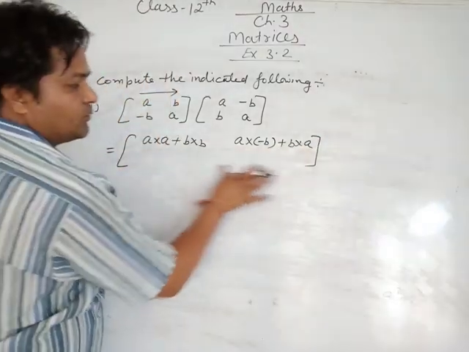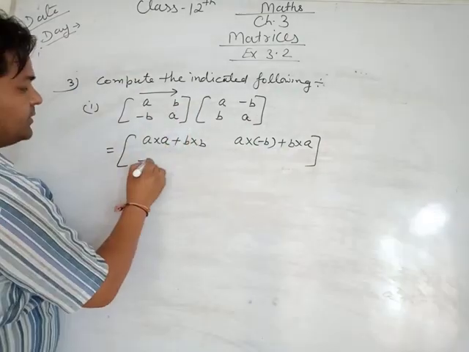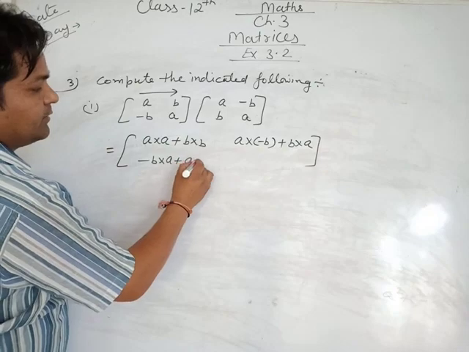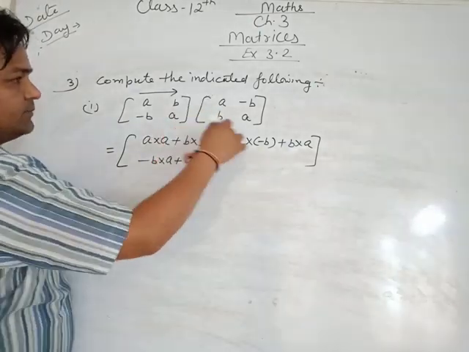Similarly, for the elements of the second row, minus B multiply A plus A multiply B.